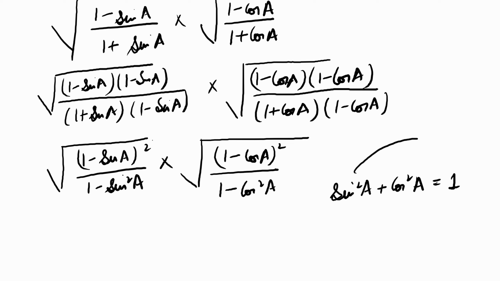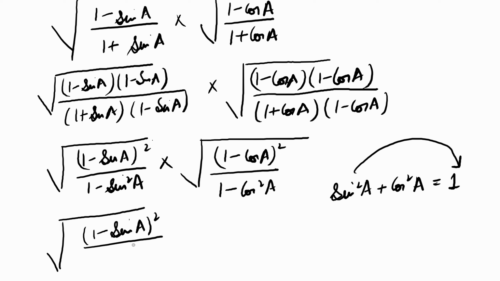So 1 minus sin square A will become cos square A. So I can write 1 minus sin A whole square upon cos square A.